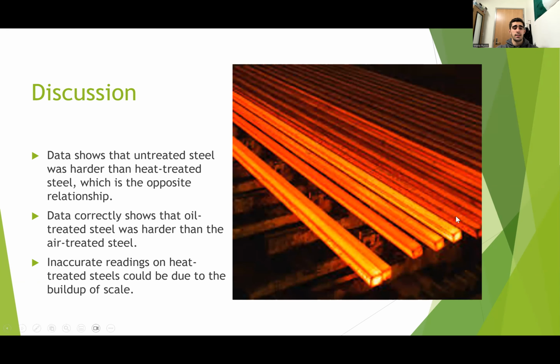This is likely because when we heat treated the steels and cooled them, especially with the oil quenched steel, it built up a carbon buildup along the steel sample. It was flaky, and it would be removed when first performing the hardness testing. So it really started to shatter when you performed a hardness test, and then you could sort of sand it, but still not very well to remove it.